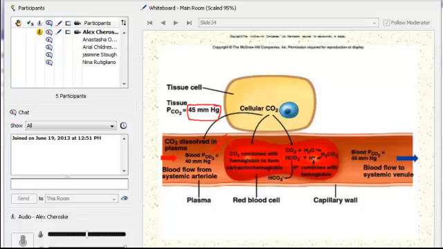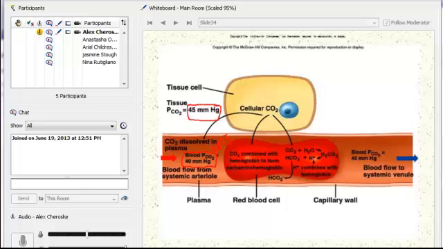Now I say relatively because with oxygen you're talking about 140, which is a pretty steep gradient, right? Now we're looking at 45 as our high in the tissues, and when we look in the blood, we see 40. Okay? So it's not as much of a gradient, but it's still a gradient, which means that carbon dioxide will diffuse from the tissues into the blood.